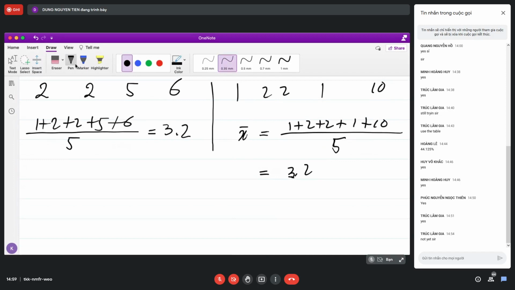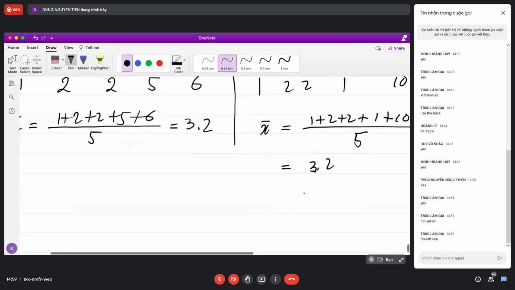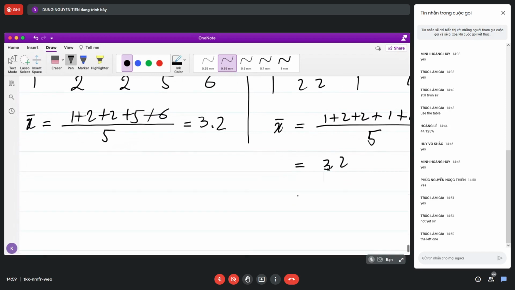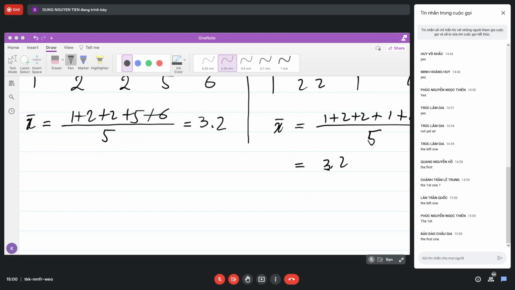Which one can give you a better approximation? The first one? Why do you think it is the first one?